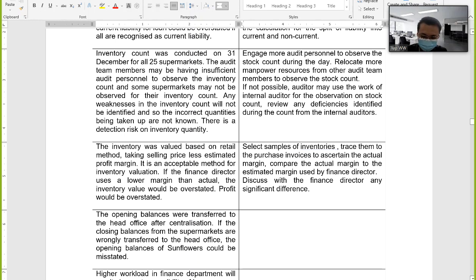Opening balances were transferred to the head office after centralization. If the closing balances are wrongly transferred, then opening balances may be misstated. So to confirm the balances are correctly transferred, your step is to get all the closing balances and agree them to the opening balances, that's all. Obtain a list of closing balances prior to the transfer to the head office.